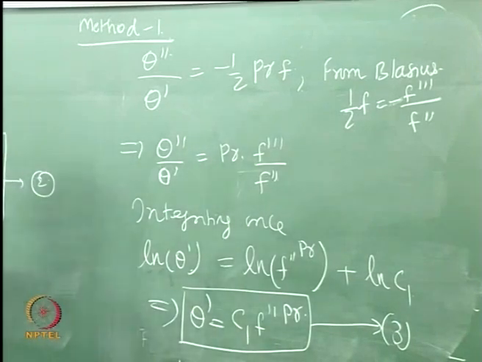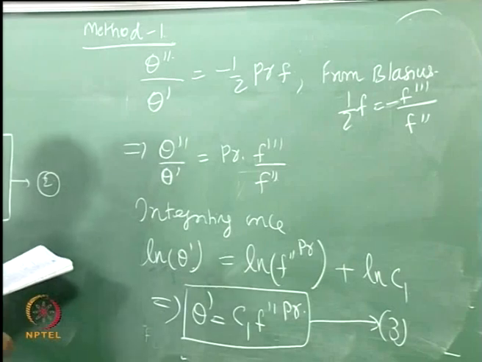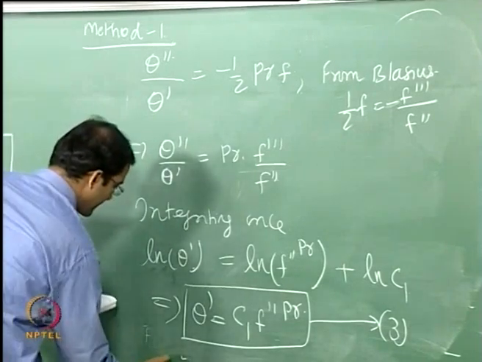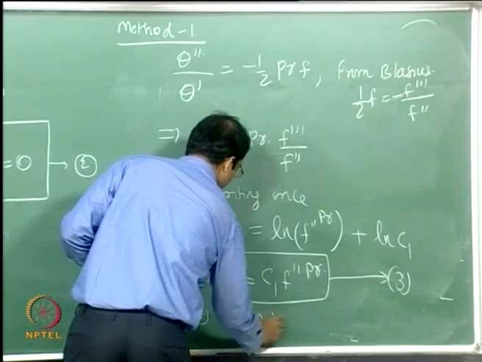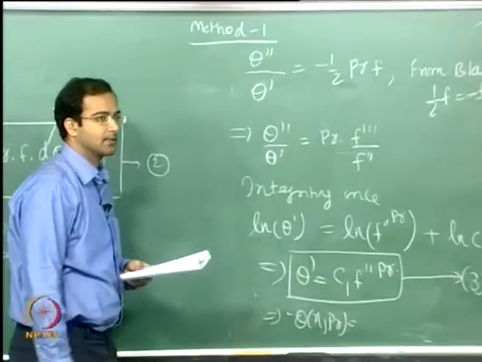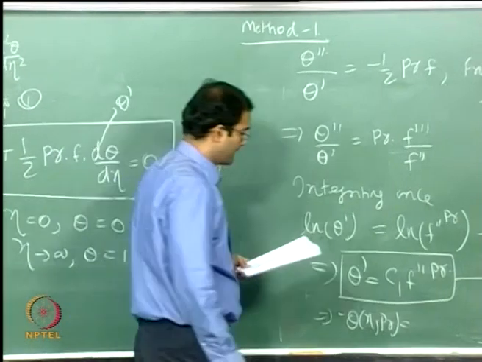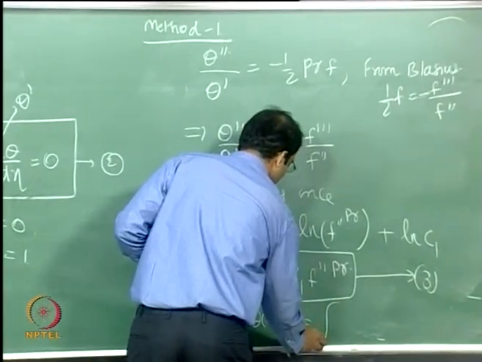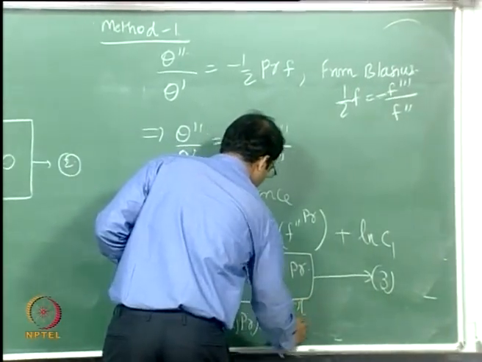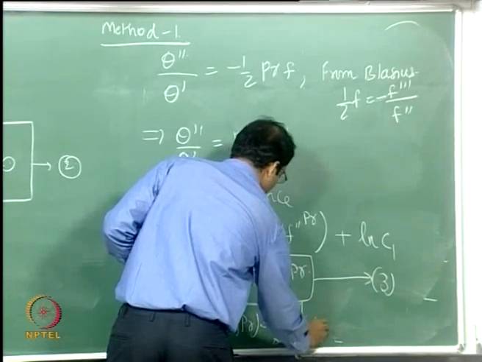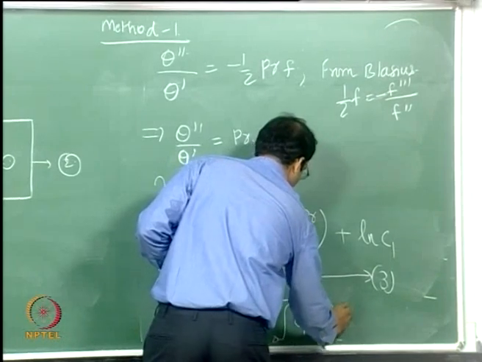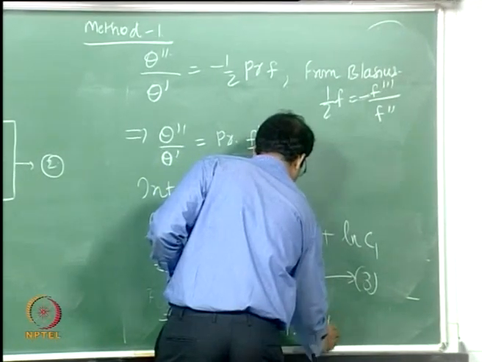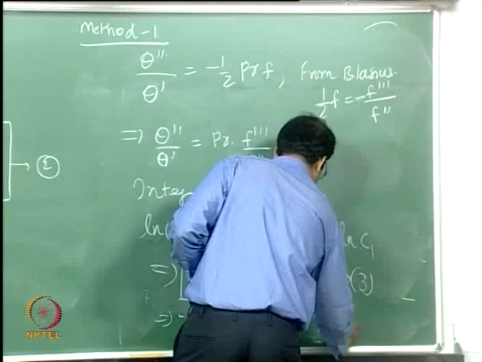If I integrate it again, I will get theta as a function of eta and Pr. What should be on the right hand side? I integrate from 0 to some value of eta, c1 f double prime to the power Pr d eta, plus some c2.